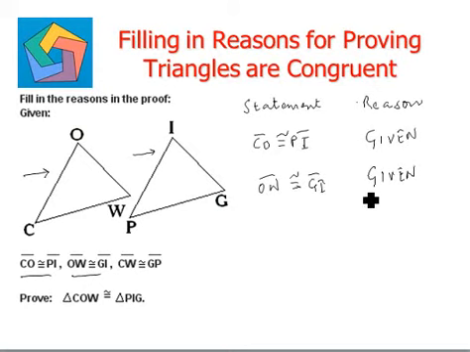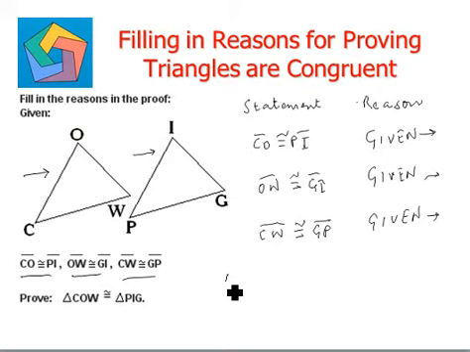And then the next statement is CW is congruent to GP, and this is also given to us. Now we see that the three sides are congruent to each other, that is corresponding sides.